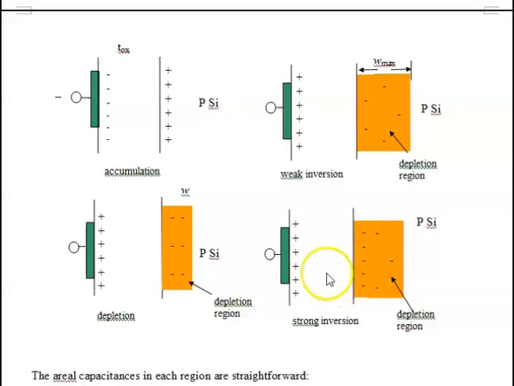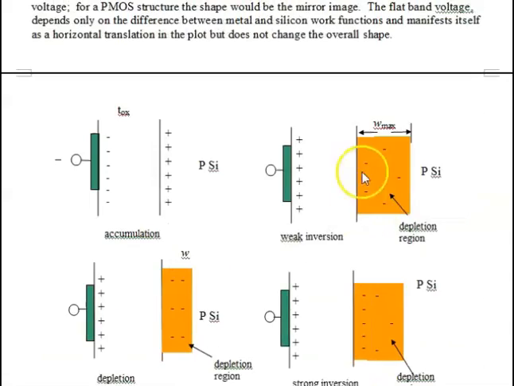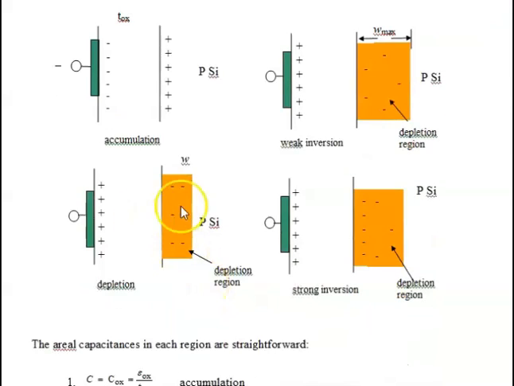So the oxide capacitance predominates, and that's why the areal capacitance in accumulation and strong inversion are essentially equal, and they're equal to Cox.